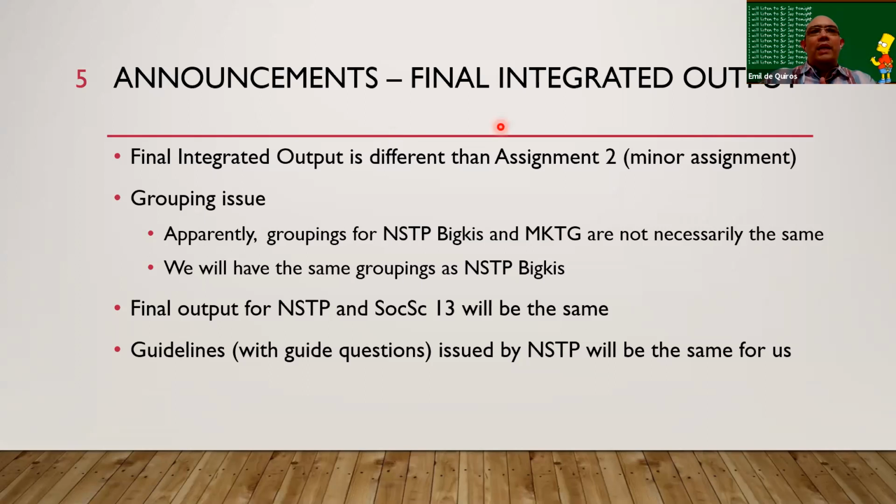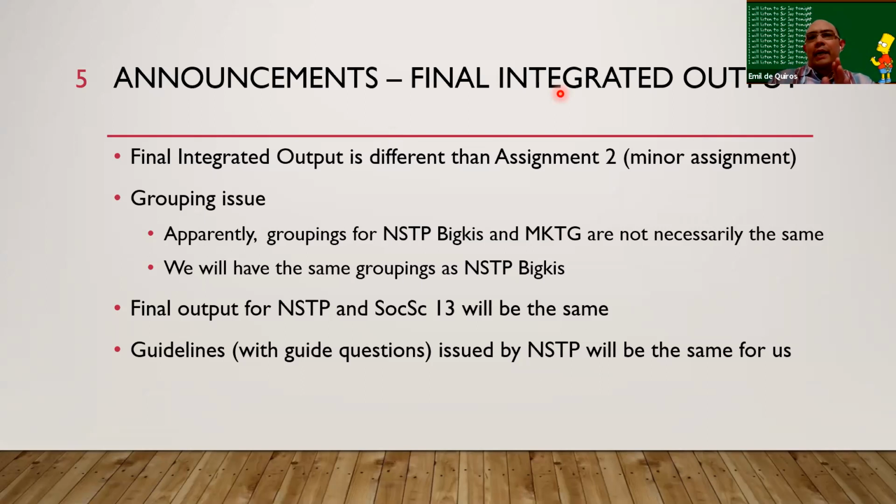All right. So apparently, in 1 or 2 cases, the groupings for NSTP, KISS, and marketing were not the same. The ideal scenario is for all 3 subjects, it's the same group for the final integrated output. I'm not sure if it's my other section or in this section, but apparently there was one case where it's not the same.